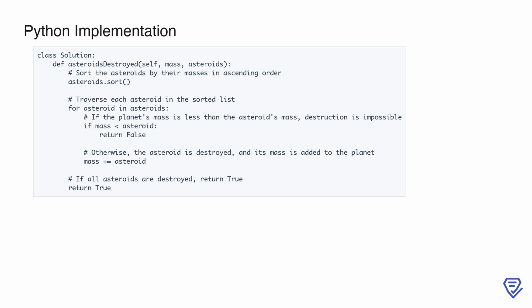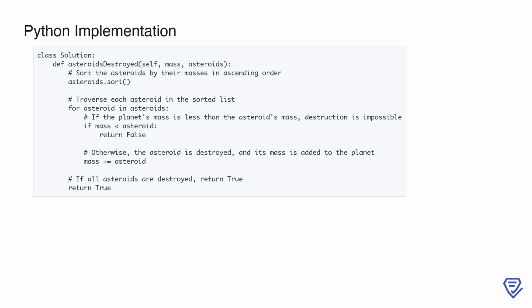2. Iterating over the asteroids. The algorithm iterates through each asteroid in the sorted list. For each asteroid, it checks if the planet's current mass is sufficient to destroy the asteroid. 3. Condition check. If the planet's mass at any point is less than the mass of the current asteroid, the function immediately returns false. This indicates that it is impossible to destroy all asteroids. 4.